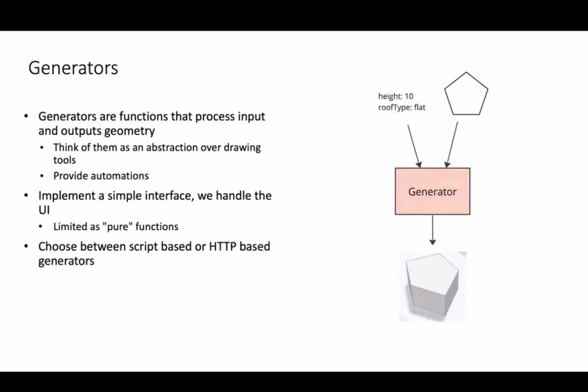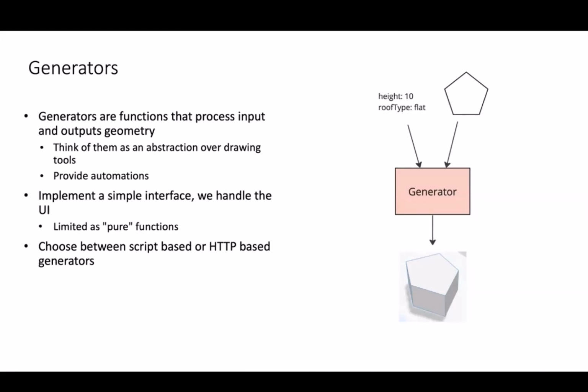So to reiterate what generators are, they are essentially functions that process input and output geometry. You can think of them as an abstract way of drawing. That's essentially what a drawing tool is in most drawing apps, just abstractly. They implement a very simple interface, and we manage all of the UI around it.